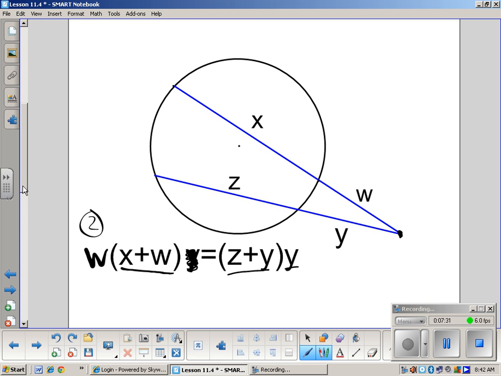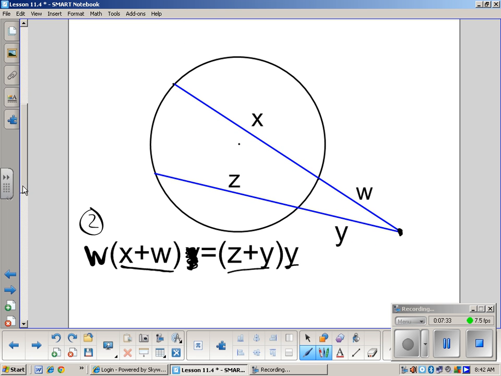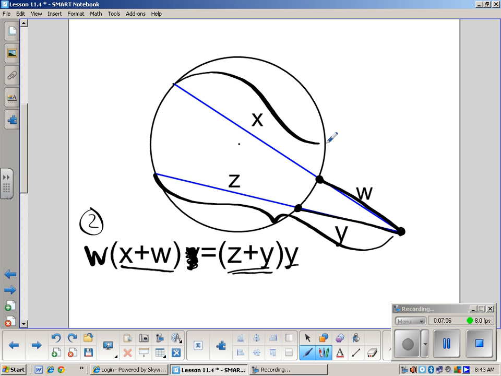If we move down to this picture, it's the same rule. Y is the distance from the intersection to the circle. Z plus y represents the distance from the intersection to the circle, right? W represents the distance from the intersection to the circle, and x plus w represents the distance from the intersection to the circle.